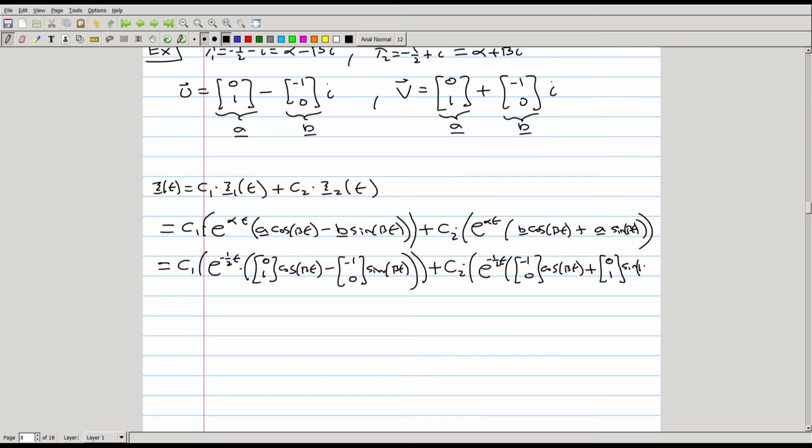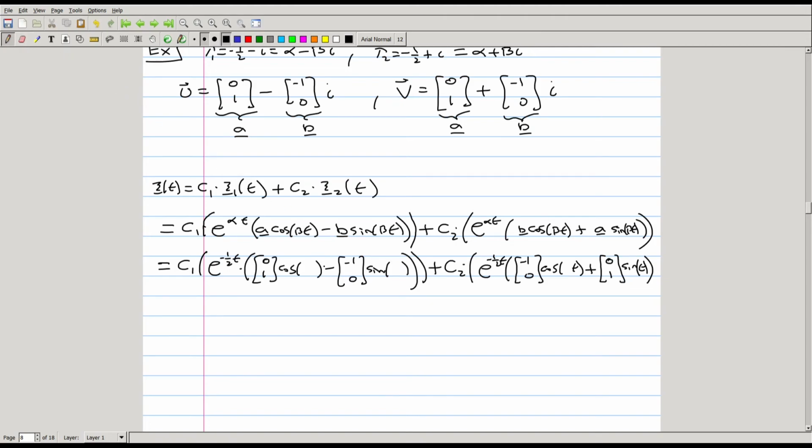It's 1, so I'm going to just remove beta from each of these other expressions, just for simplification's sake. And there you have it.